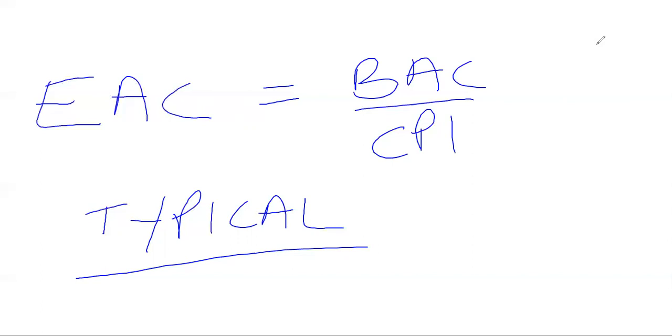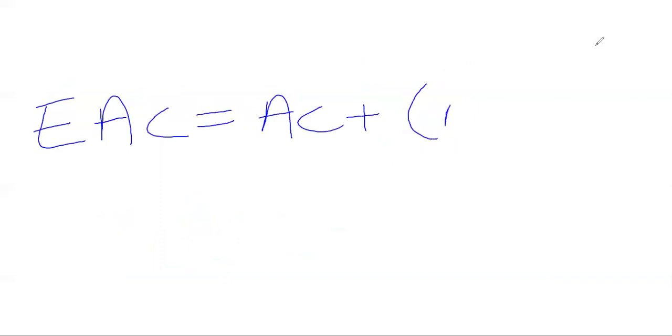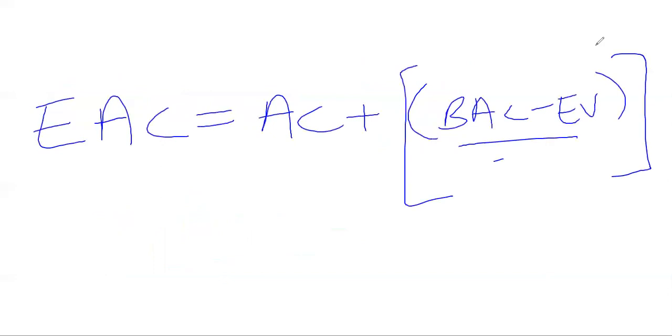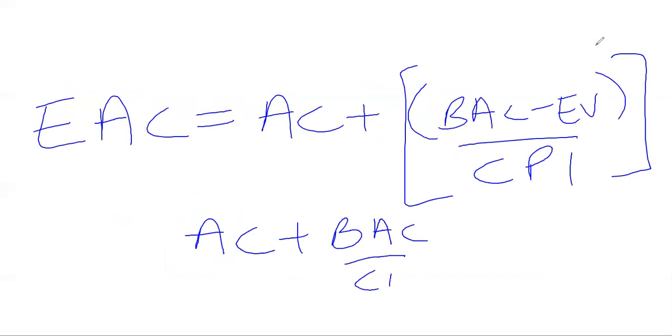Now, to get to this formula, it starts off from this. EAC equals AC plus BAC minus EV, and all of this divided by CPI. When you solve this down, it actually becomes AC plus BAC divided by CPI minus EV divided by CPI. Remember what CPI is.